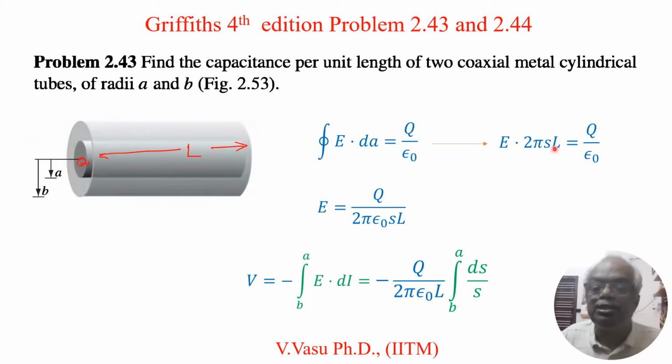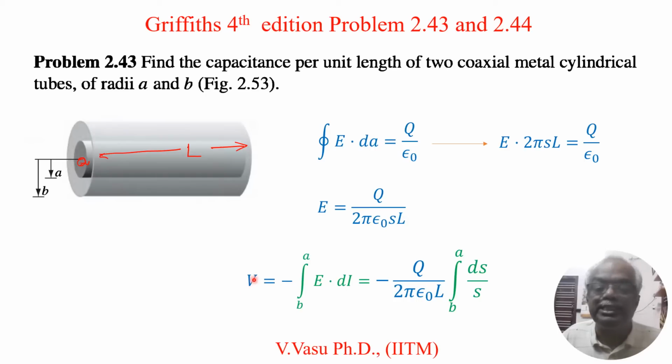L is the total length, so this equals Q over epsilon naught. Now bring 2 pi s L to the right hand side, and we get E equal to Q divided by 2 pi epsilon naught s L.